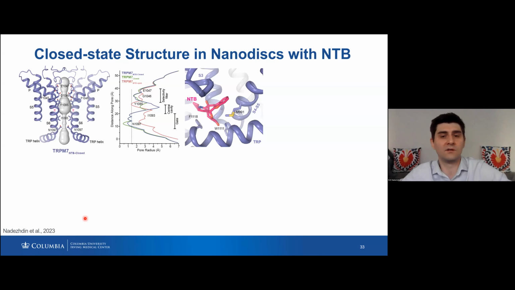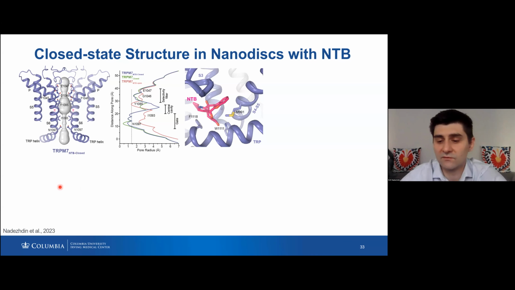One very interesting thing happens in this data set. I didn't mention during processing of the data set when we added naltriben, we actually got another state for the naltriben binding. That was completely different from the open state when the ligand was bound.